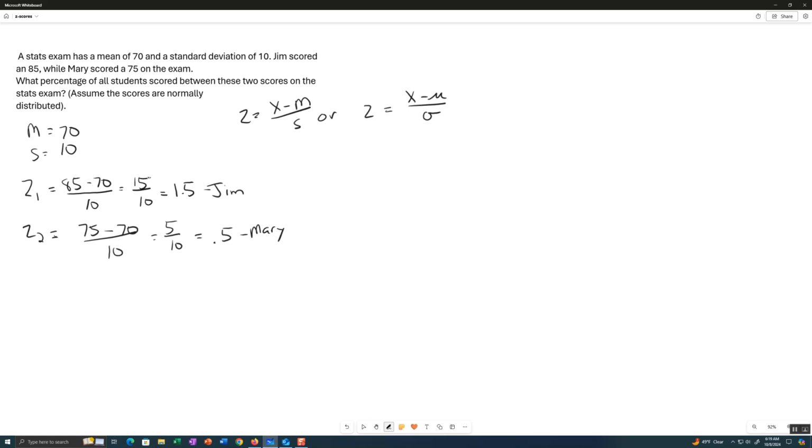What's important here is we draw the curve. So this is going to be an ugly looking curve on the tablet. The tablet is a little bit annoying to draw curves with. Here's 0. And we got 0.5 here. That's z of 0.5, that's Mary.